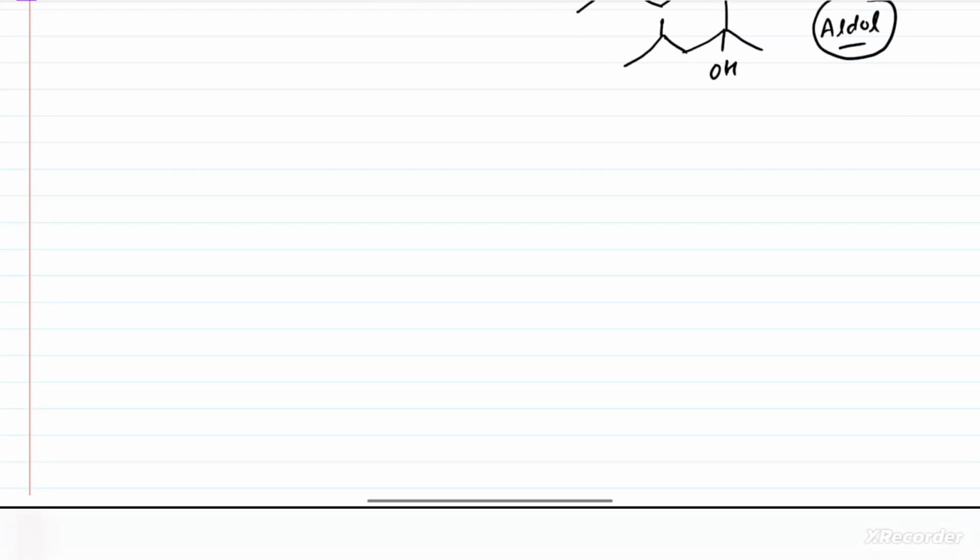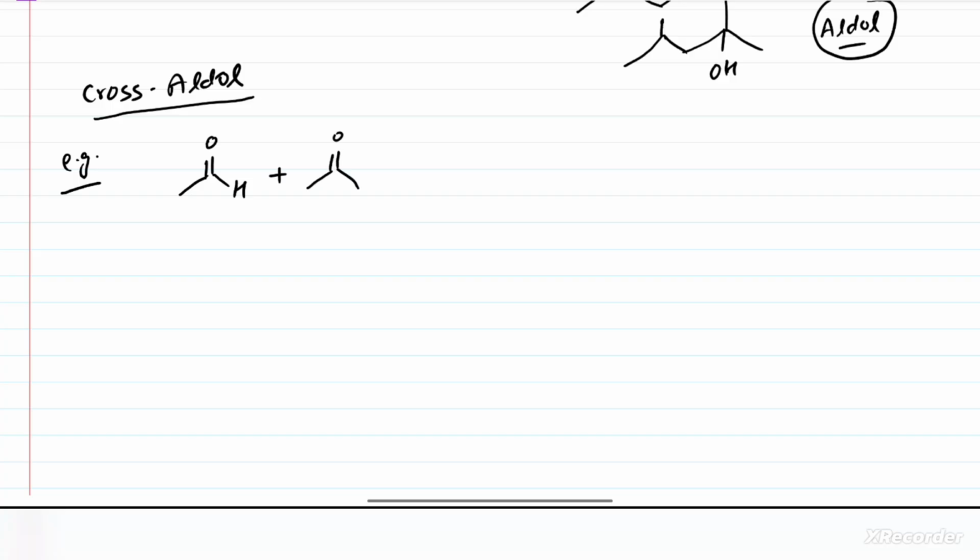Let me give you just one example. Cross aldol means we have either two different aldehydes or one aldehyde and one ketone. I take this aldehyde, CH3CHO, acetaldehyde, and another one I can take is a ketone.